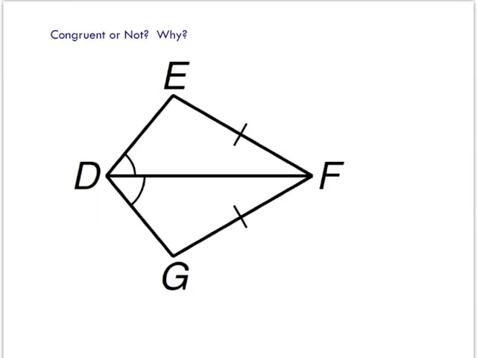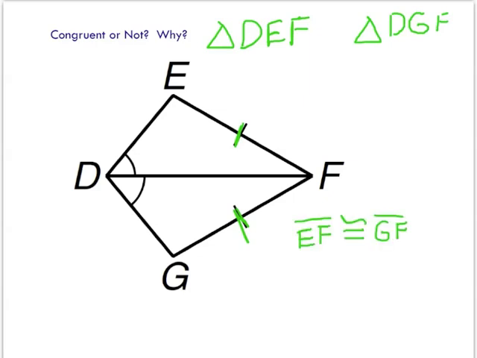What about these? Can we prove that these two triangles are congruent? First off, let's name them. So we have triangle DEF and DGF. Well, let's figure this out. We've got a pair of sides that are congruent. That refers to these segments. So let's label those. We've also got a pair of angles that are congruent. There's those.